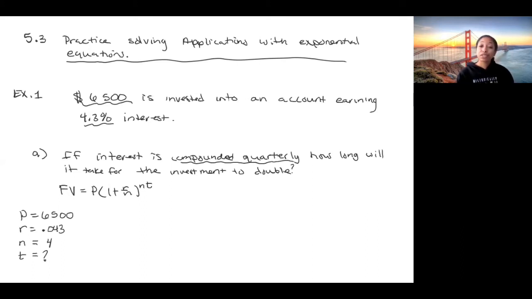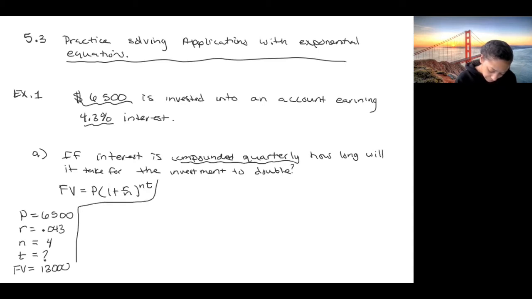And then this is the interesting part. We're asked to double our investment. Double 6,500 would be 13,000. So we're trying to figure out when the output, or that future value, is equal to 13,000. All right, let's put all of that information together. We want to solve the problem.